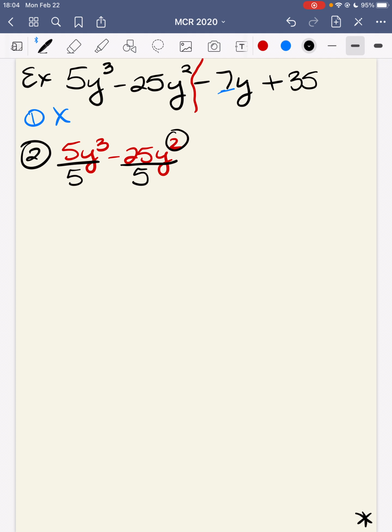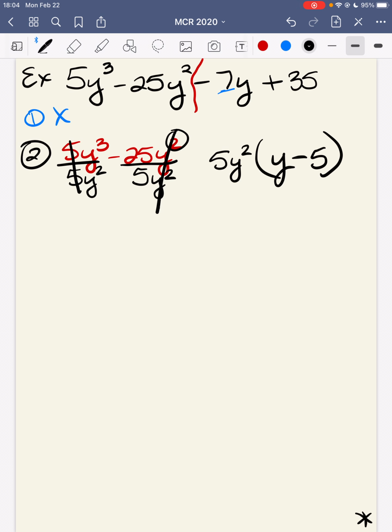And my lowest exponent is 2, so there's a y squared in common. My 5y squared will come out to the front, and what's left in parentheses, my 5's cancel. I have 1y left. My y's cancel here. 25 divided by 5 is 5, and there's a minus, so I have y minus 5.